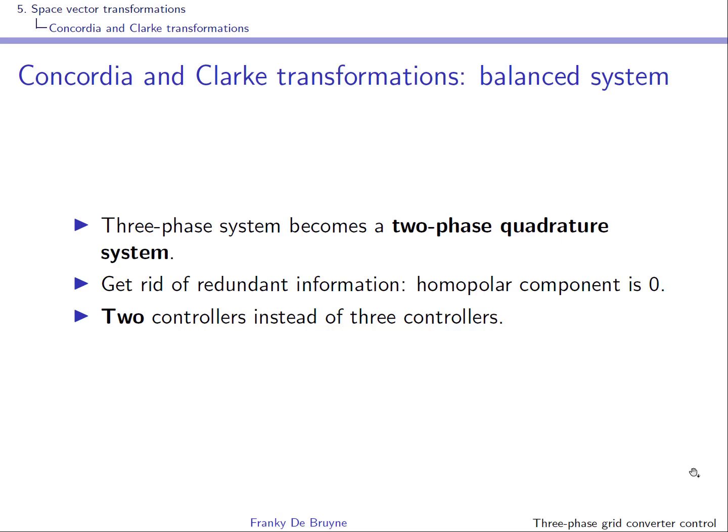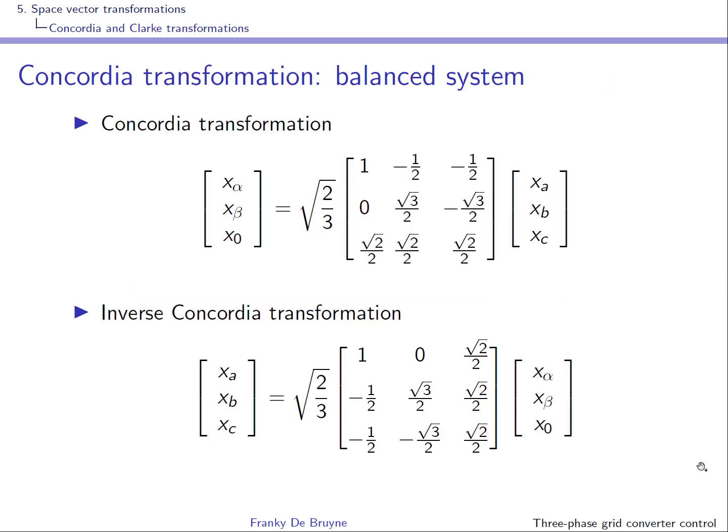So we'll only use these alpha beta signals, and instead of using 3 controllers, we can work with only 2 controllers. For balanced systems the homopolar component does not give additional information, so it is redundant.